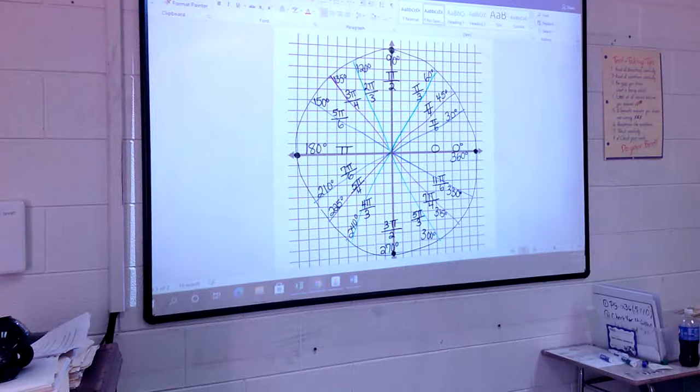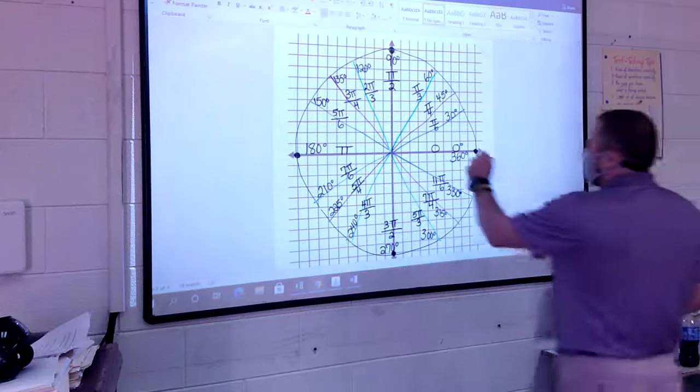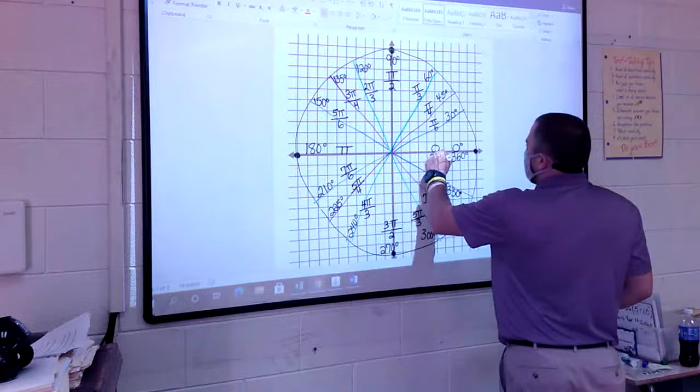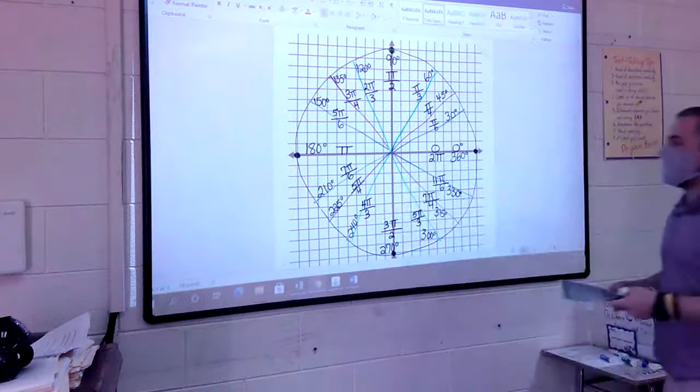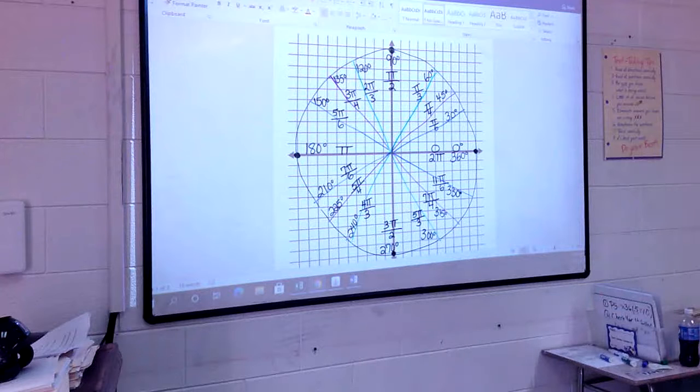That is 2. So I would write 2 pi. And we should have already known all the way around the circle is 360 degrees, which is 2 pi. Halfway around the circle is 180 degrees, which is 1 pi. So we got all those numbers. We got all the degrees, and we've got them all written in radians.